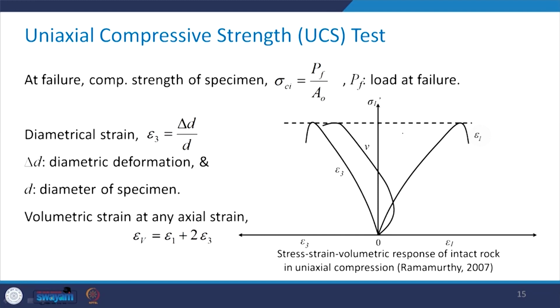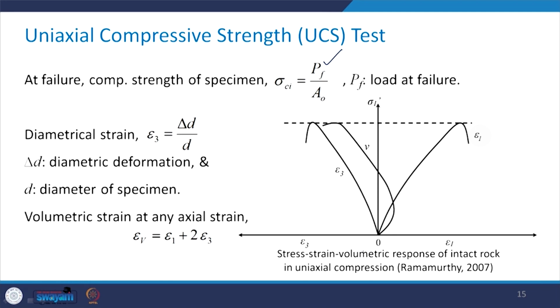Now what happens at failure? We have the failure load P F divided by the cross sectional area, and what we get is the compressive strength of the specimen. Now you see that here we have a figure showing the stress strain volumetric response of intact rock in uniaxial compression.